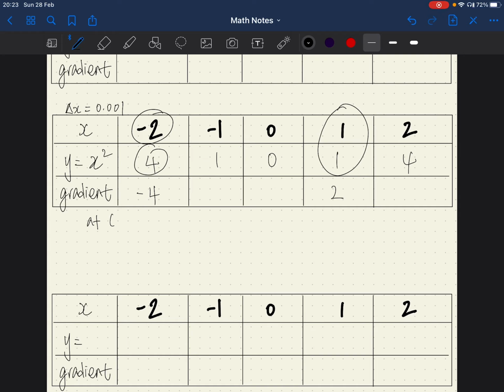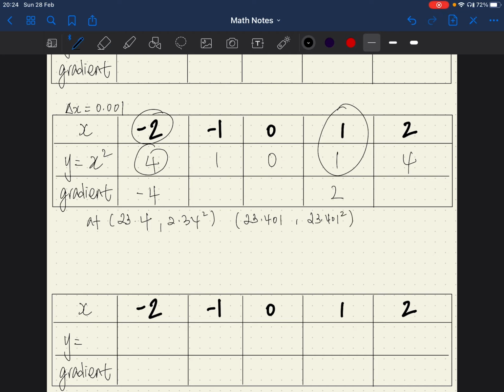Let's choose a nicer number. Let's say 23.4, comma 23.4 squared. Then how do you get the gradient here? So since you set delta x to be 0.001, we'll just find 23.401 as the x value, and the y value is 23.401 squared.